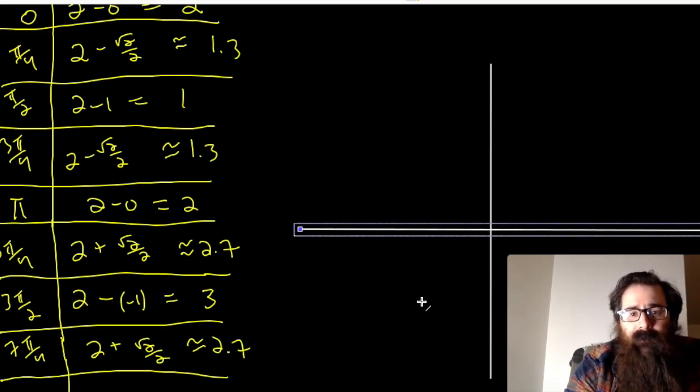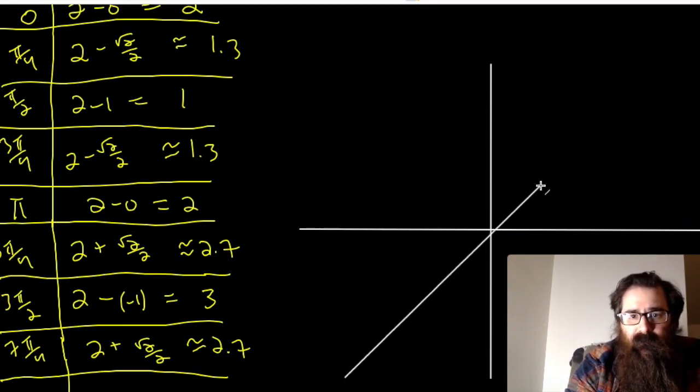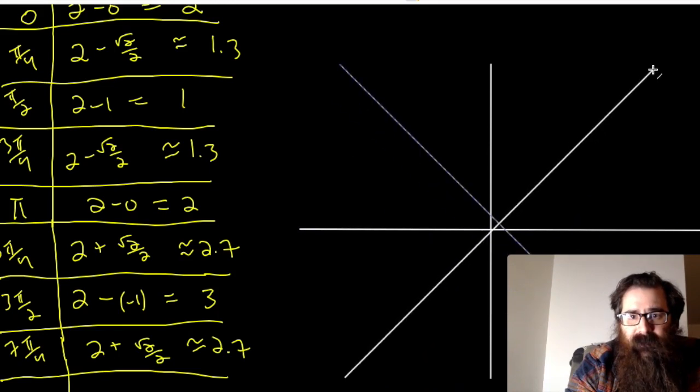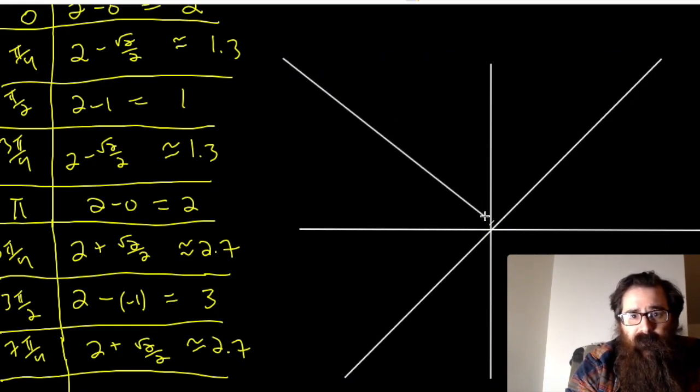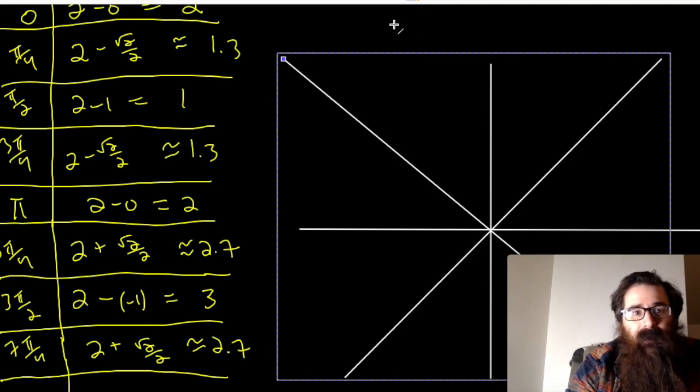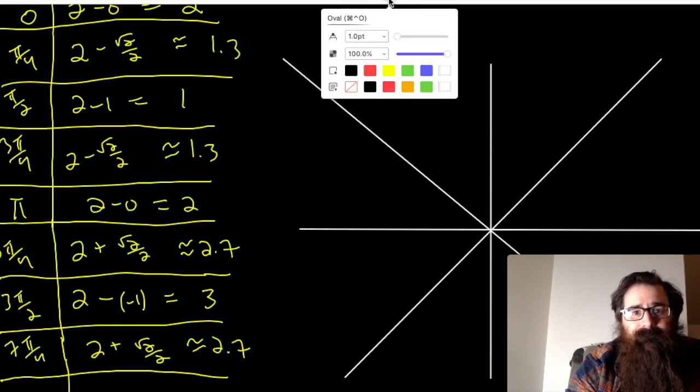And then I'm going to want to cut through what would have been quadrants 1 and 3 diagonally, and through what would have been quadrants 2 and 4 diagonally. It's not going to be perfect, but it's hopefully going to be good enough for our rough sketch.